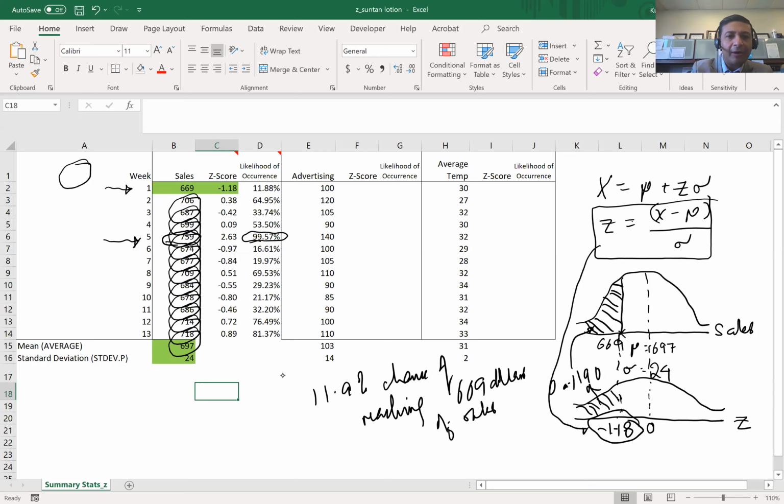This sales figure of 669 is covering only 11.88% or 11.9% of what I would want to cover. This entire area under the curve is your entire coverage, right? As a sales manager, you would want to see as much of it as possible. And then the question then becomes, how risk averse are you? Which of these weeks can you really say are good weeks versus which are bad weeks?